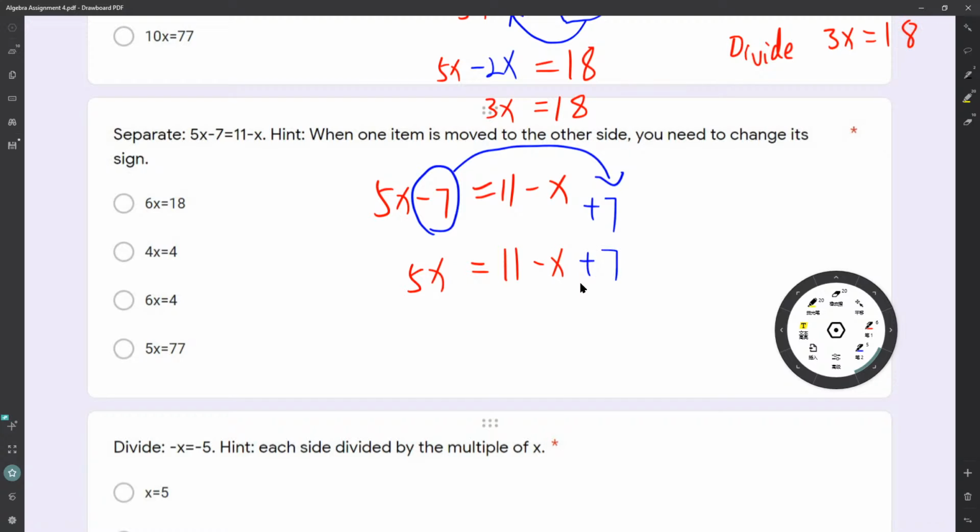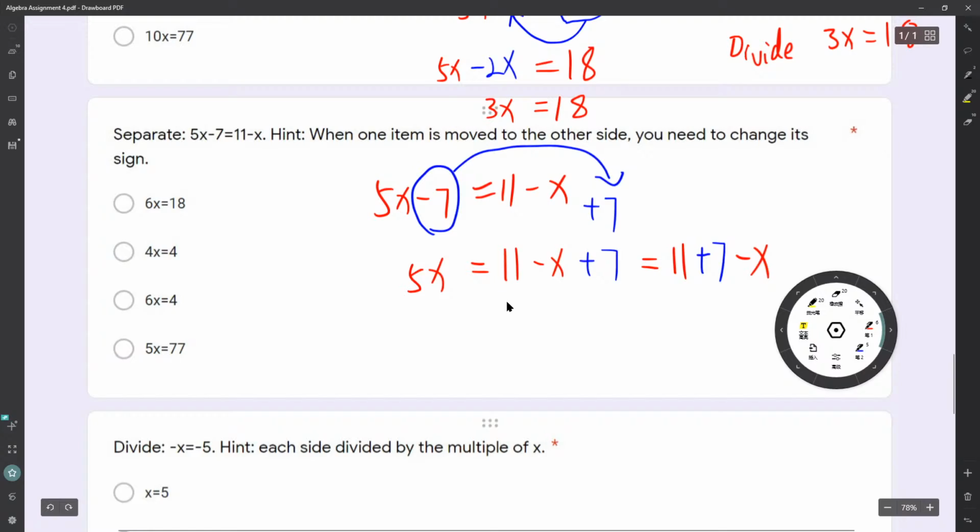And there's something we can do right now. It's 11 plus 7. So this we can rewrite as 11 plus 7 subtract x. See, we just moved things around. We just change the order how we add and subtract.